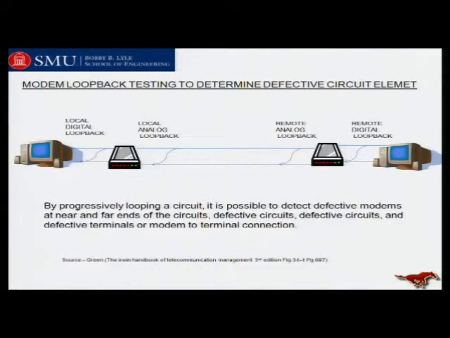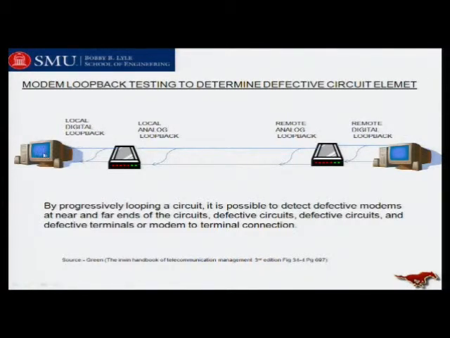Modem loopback testing to determine a defective circuit element. This is one technique by which you can determine the defective circuit element. So over here you can see there's a computer, then there's a modem, and after that there's a transmission line, then again there's a modem and there's a computer. You can see that when you are testing a network, local digital loopback is mentioned over here.